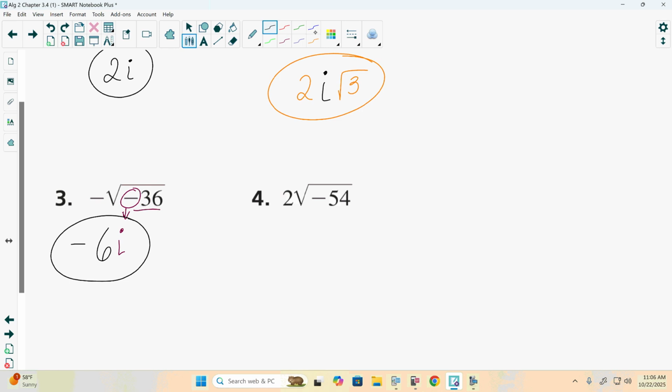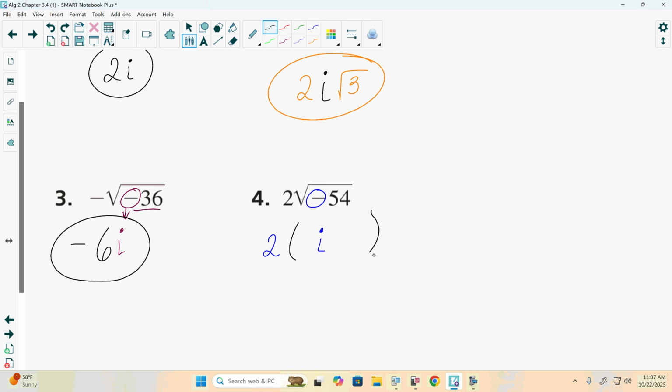2 square root of negative 54. We still have the 2, and it's being multiplied with the square root of negative 54. Now, the square root of negative 54 is not a perfect square. But whatever it reduces to will have i, because that negative is going to come out as i.